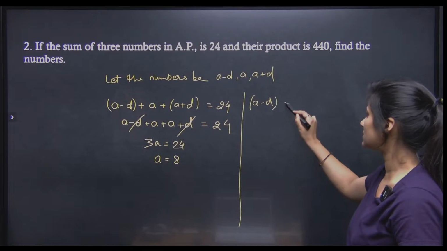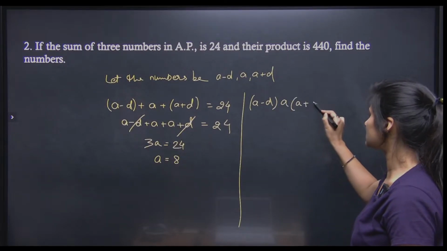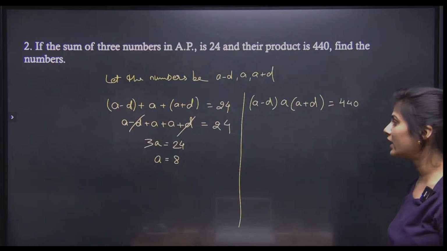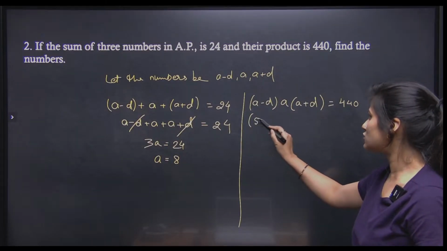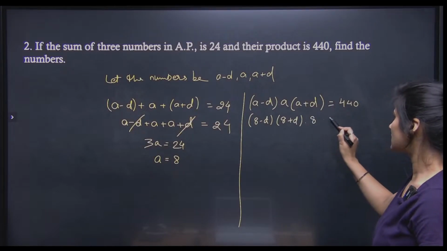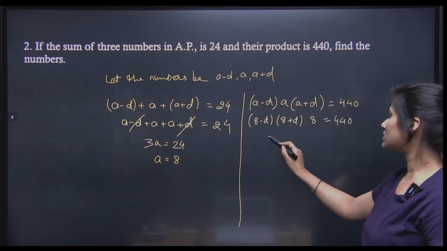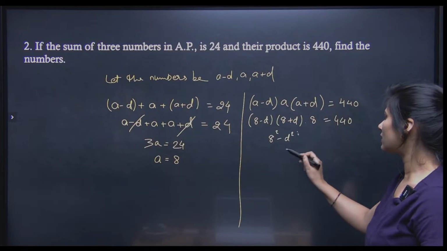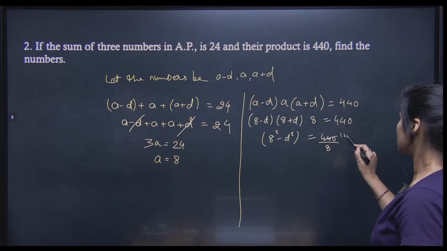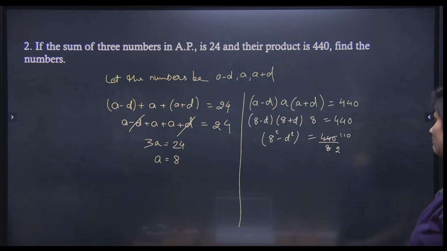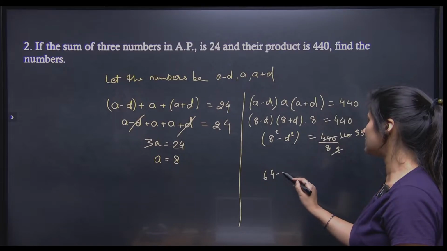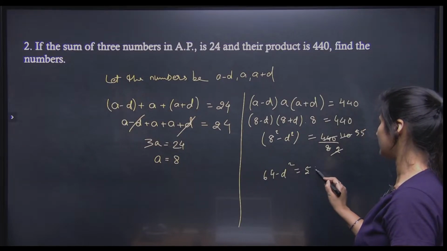So it is a minus d into a plus d, and their product is 440. Now what is the value of a here? 8. So we can say 8 minus d, 8 plus d, and then we have an 8, and it is 440. So it is 8 square minus d square, and here we have 440 by 8. 64 minus d square is equal to 55.